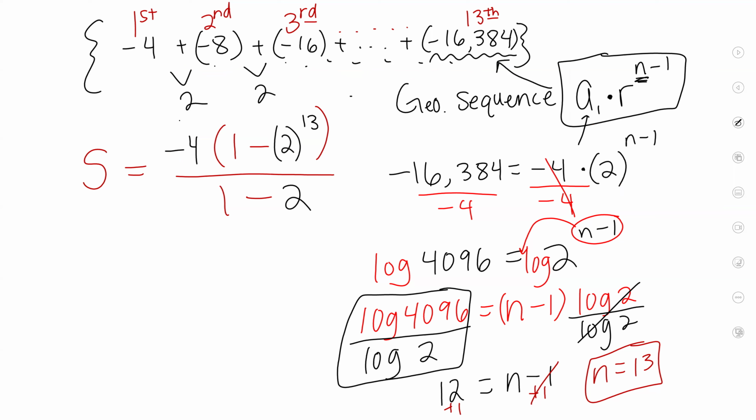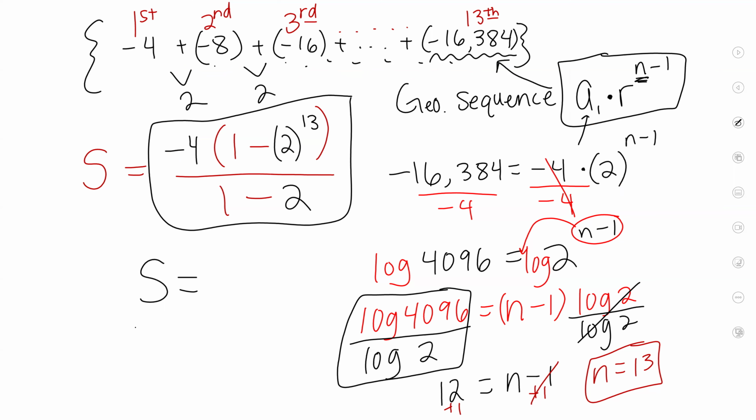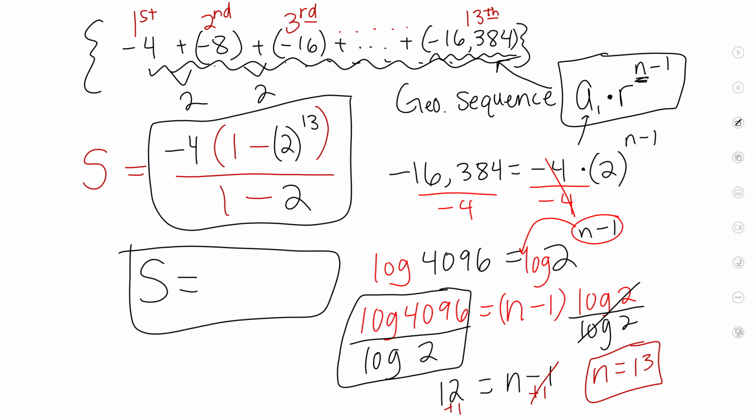Now, type this into your calculator and let me know what the value would be if you added up every single term in this sequence up to the 13th term. -32,764. Perfect. So if you add up all those numbers, you'll get that.